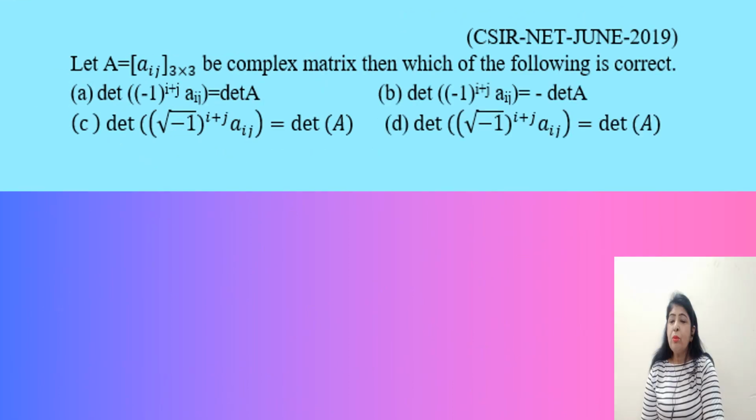Next you have A is equal to aij, a 3 by 3 complex matrix. Complex matrix means having entries as complex. Then which of the following is correct?